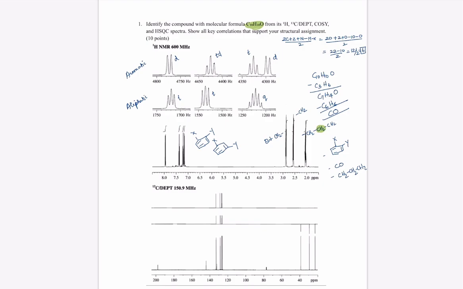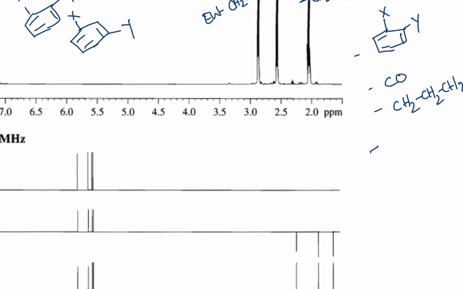Okay, so one possibility is where we can write, if this is going to be ortho-substituted, then we should have 2 groups here, and then we know that the 3 CH2s are arranged together, so we can put the 3 CH2s.